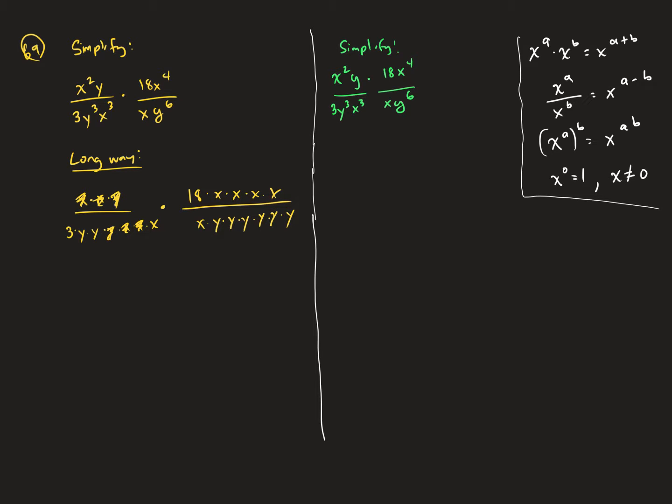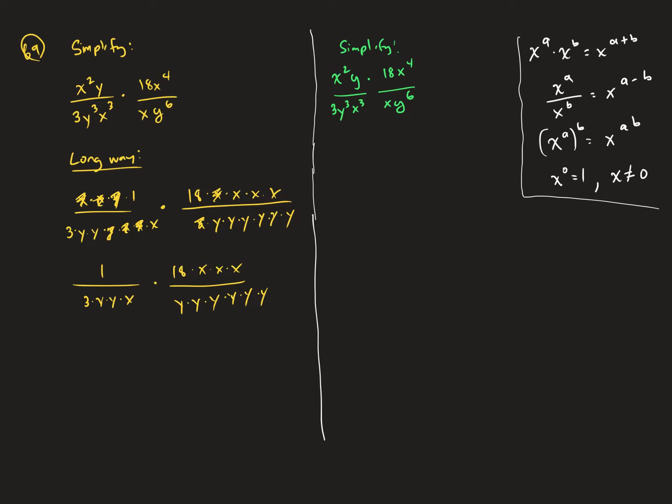So what I really have is everything on top and away, which leaves me with a 1, and a 3 times y times y times x. In the second fraction, I have x's on top and bottom that'll cancel, and that's it. So 18 times x times x times x, and then all those y's again.